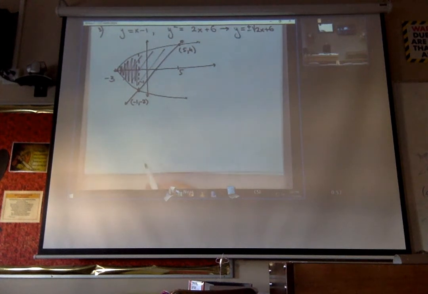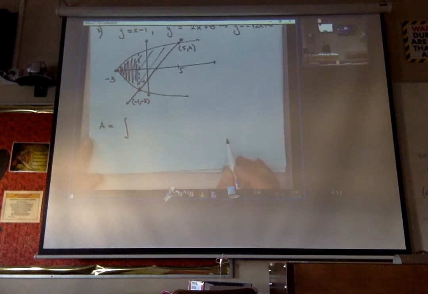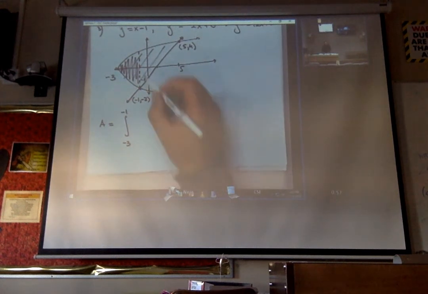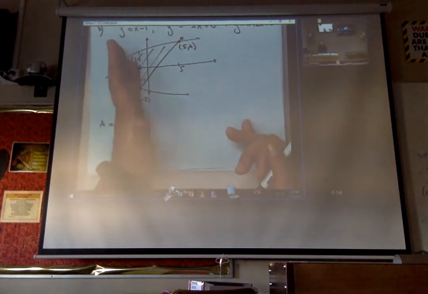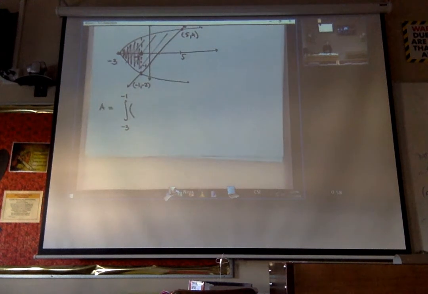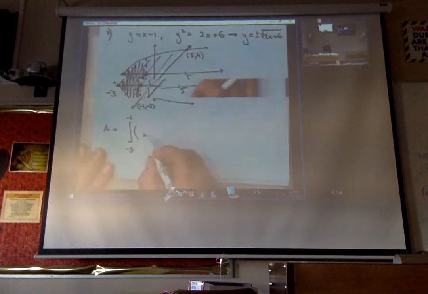So when we go with the area, the first integral that you will have will be from -3 to -1. This is your -1 over here, okay? Why? Because you have a different function on the bottom. And when you do this, what's the equation of the top? Square root of 2x plus 6.